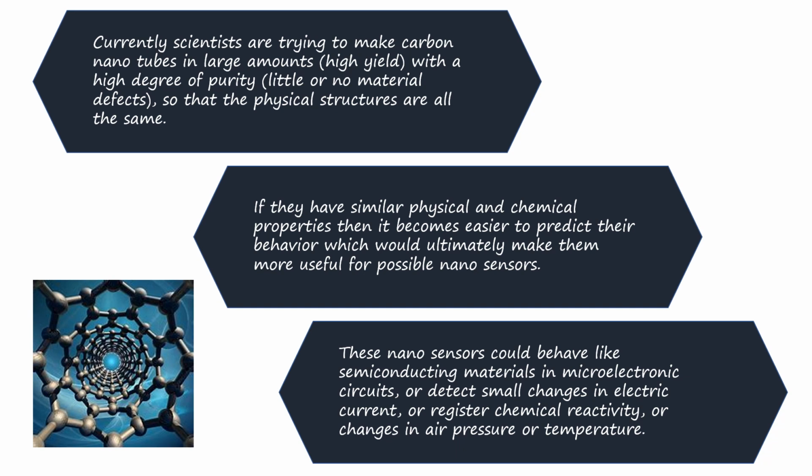What are nanosensors? These nanosensors behave like semiconducting material in microelectronic circuits. They detect even small changes in electric current and also register chemical reactivity or changes in air pressure and temperature.